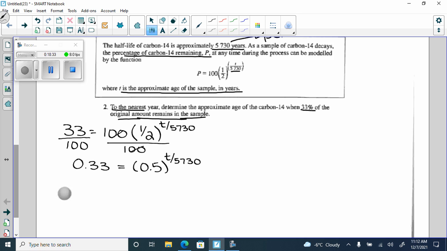So I'm going to make my window quite large because I don't think it's going to cross for a while. So I made my X max be 10,000. If this is 5,730, I made my X max be 10,000. So second trace, 5, enter, enter, enter. Did anyone get anything?